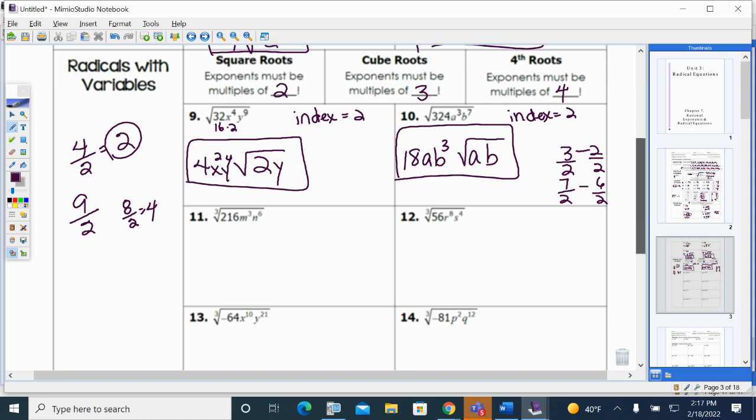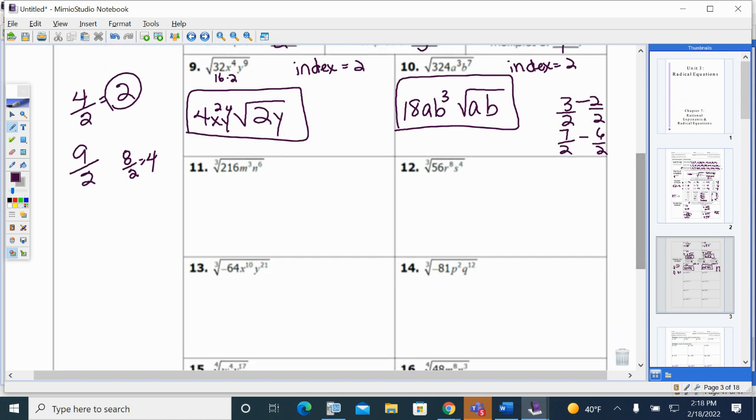All right, let's do an example of a cube root, a couple of cube roots, and a couple of fourth roots. Number 11 has got the cube root of 216 m to the third n to the sixth. So now my index is 3. And when we start dealing with those exponents on the variables, we need the 3, not a 2.